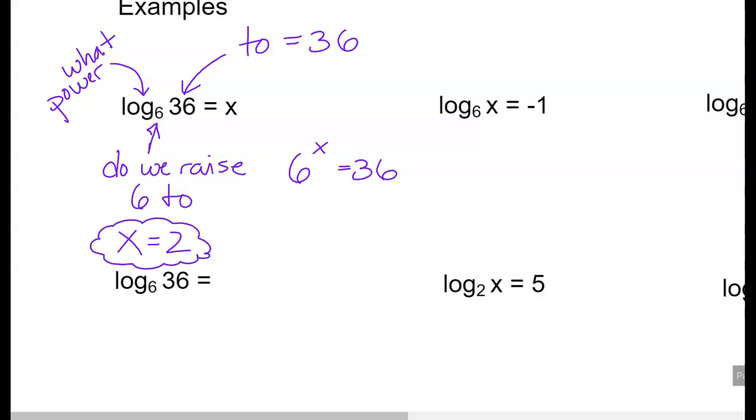Here, look, this is the exact same problem. What power do we raise 6 to be 36? That's what we started to do last class.